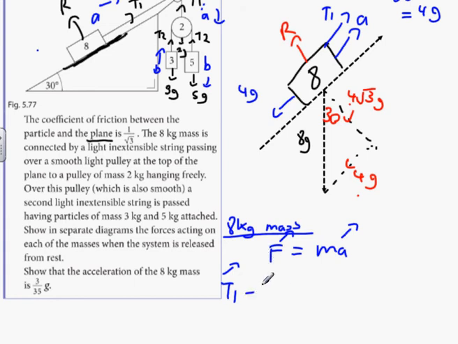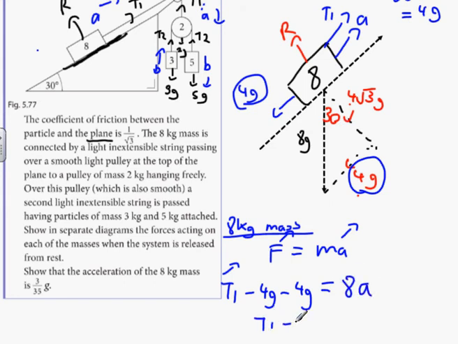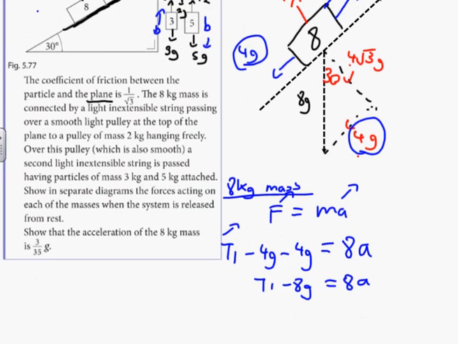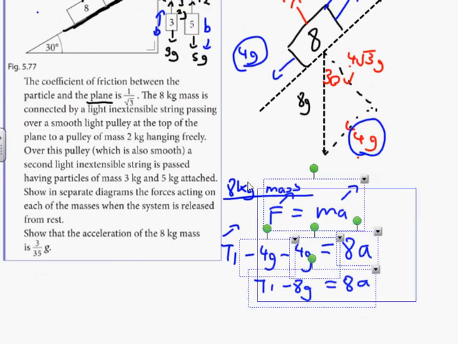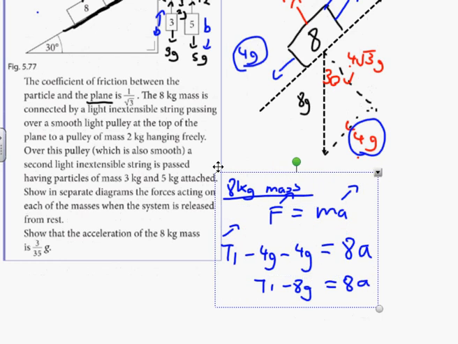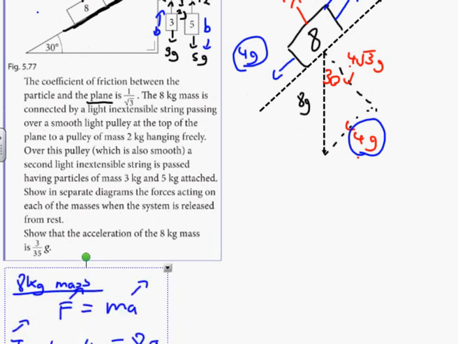Minus 4G for the weight, minus another 4G, one for the friction and one for the weight, totaling 8G. And then what about MA here? 8A, good man. So T1 minus 8G equals 8A. And there we go, that is the first equation. We'll just box it down here.